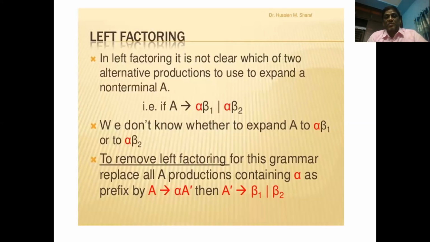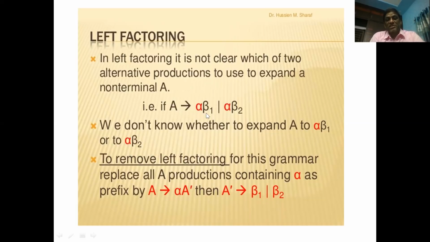And another important concept that you should know is left factoring. Left factoring is needed in the grammar for designing parsers for it. When you need to left factor is if any production contains a common prefix, let us say a common prefix for the set of productions on the RHS.